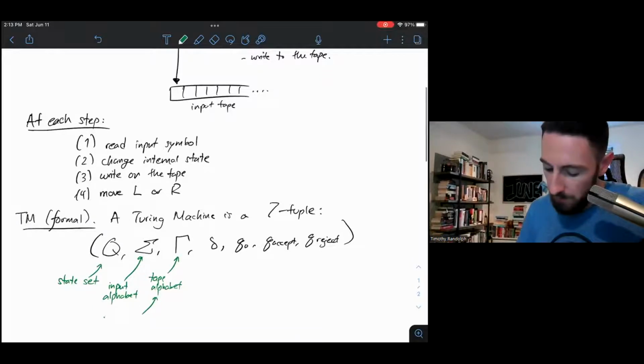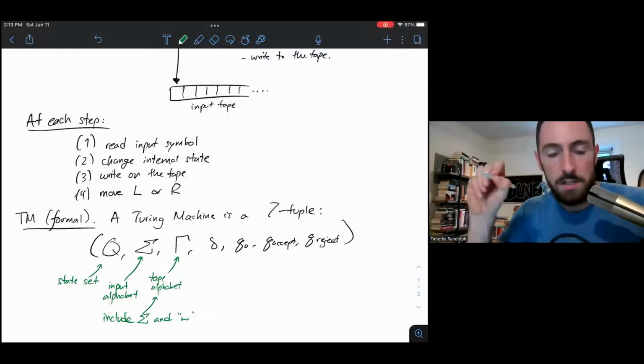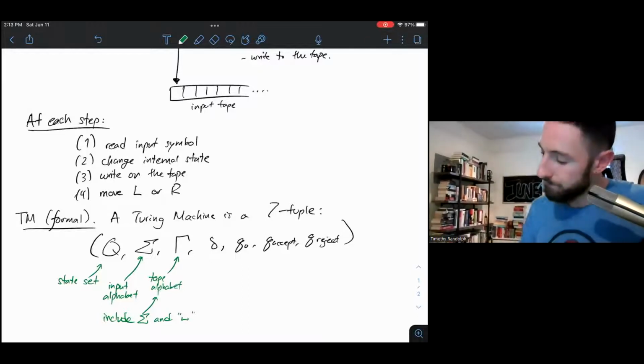But in particular, it will always include all of the input symbols and a special blank symbol, which I'll draw as this little square bucket. The blank symbol is what's on every unwritten square of the tape. If we move way out to the right and see new squares of blanks, we can program and react to them just like we would any other symbol on a tape square.